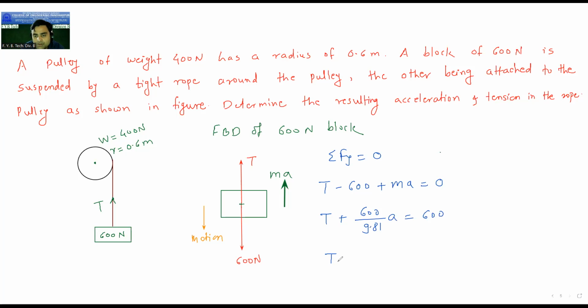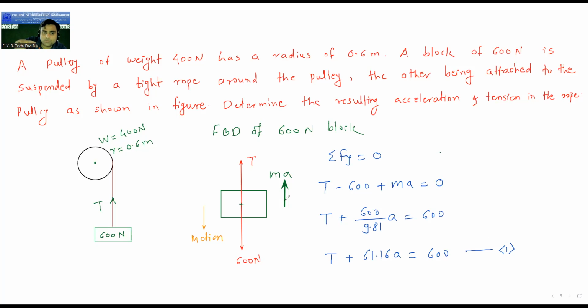So what is the equation? T plus 61.16 A is equal to 600. This is equation number 1. So you know the relation between normal acceleration and angular acceleration.